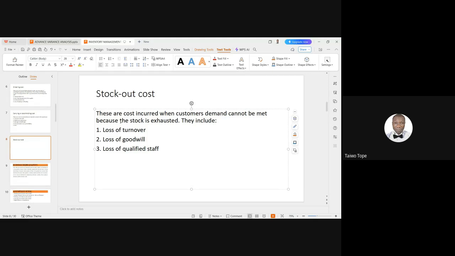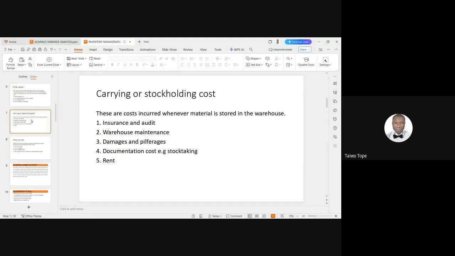And also, let's say four, loss of trade secrets to rivals, to competitors, arising from loss of staff. So this is the stock out cost.